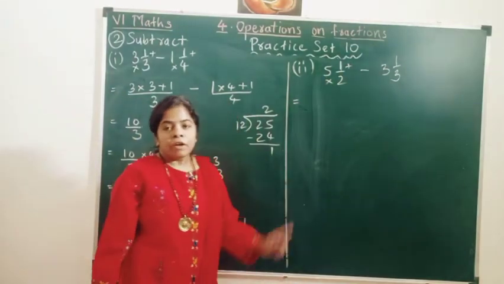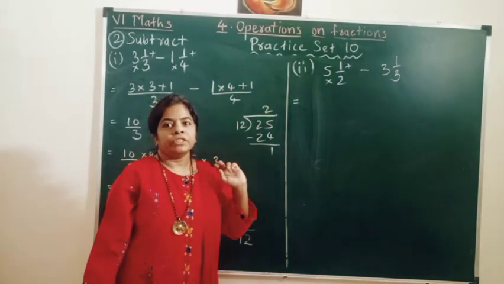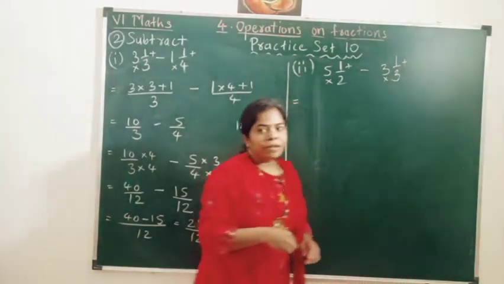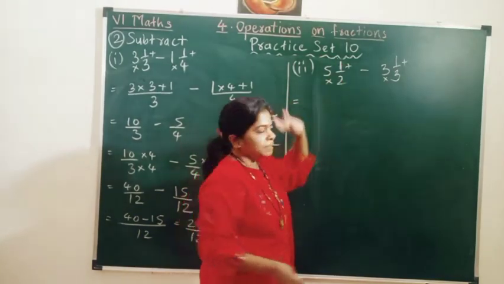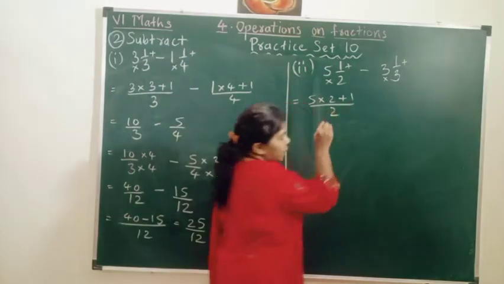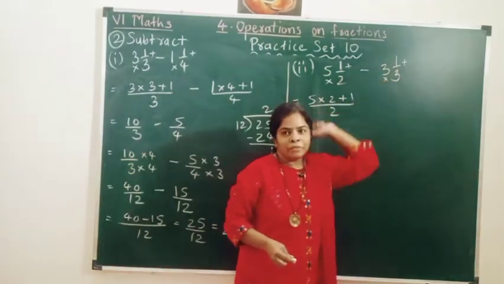First let's convert the mixed fraction into an improper fraction. Into and plus again. 5 into 2 plus 1. Denominator remains the same. 3 into 3 plus 1.